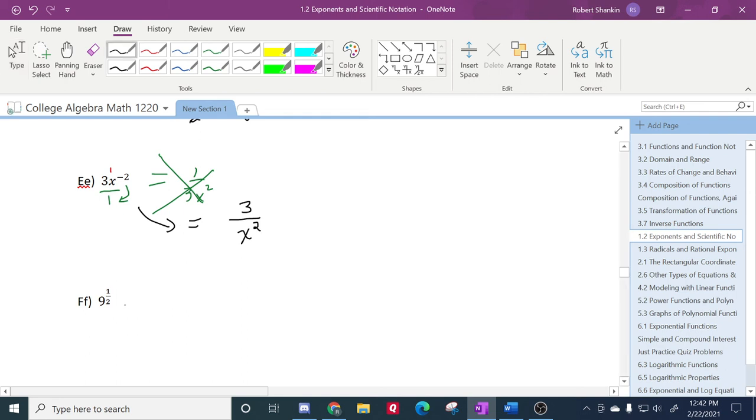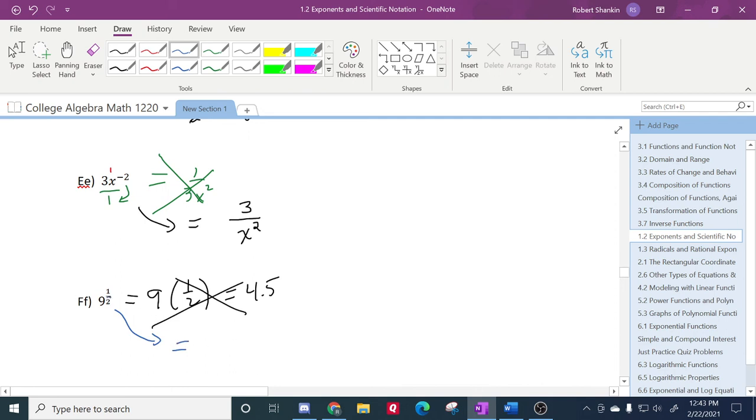Okay, and if it had been a really long time here, my instinct might well be this. But that is not correct. That would be the answer if it was 9 times 1/2, but it's 9 raised to the 1/2 power. Instead of that, we're going to do this.